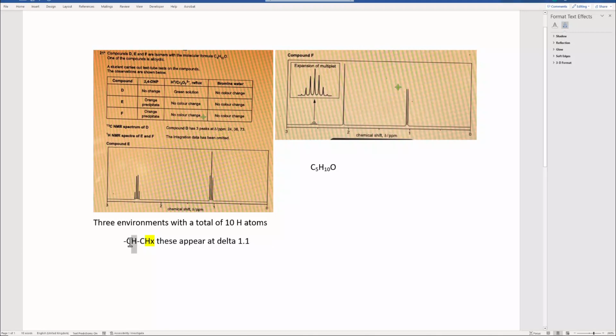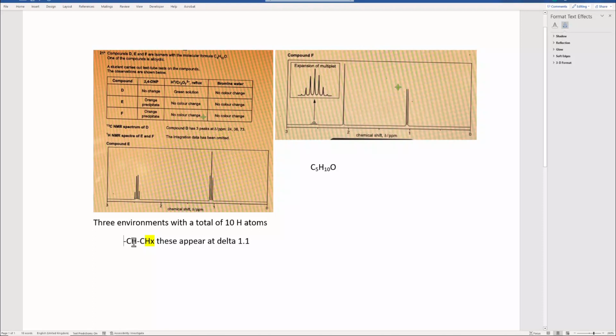Now that tells us that next to these CX here, we're not going to have any electronegative elements. Now it can't be CH2, because if it was CH2, we would see a triplet. What have we got? We've got a singlet. So that means that this CH cannot be this singlet.